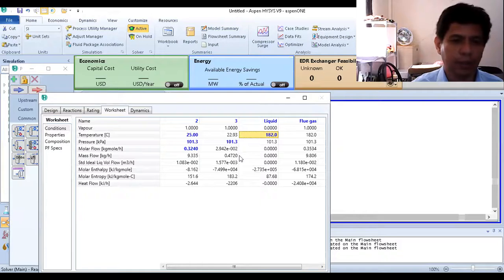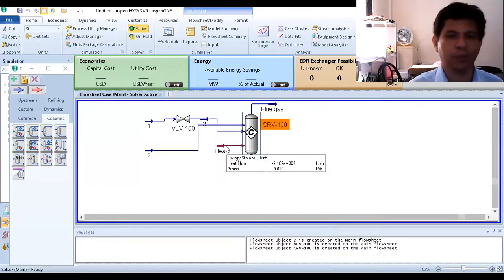Yun nga lang, the heat is just around 6.1 kilowatts.